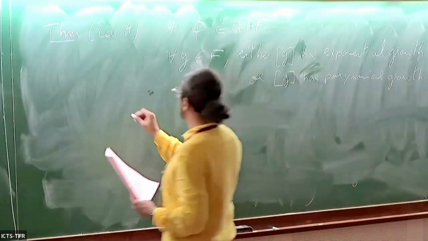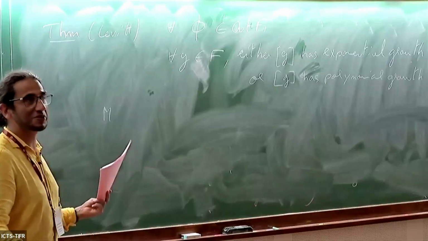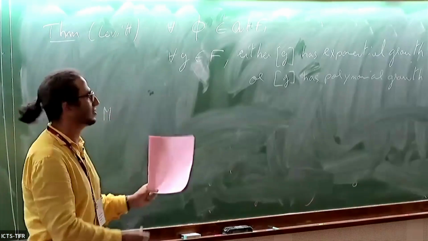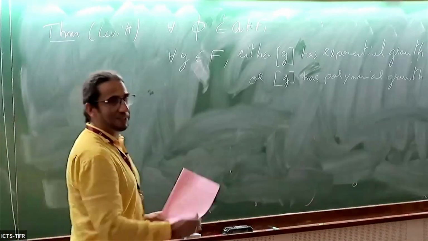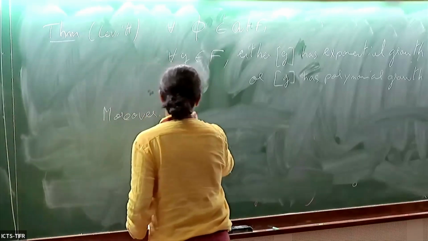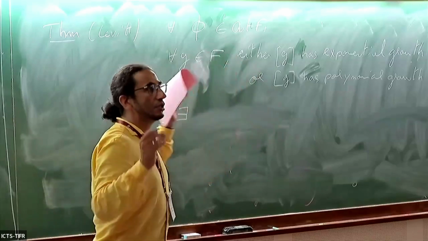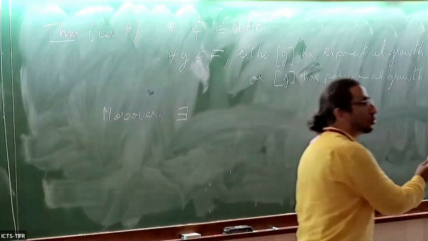And there is more, moreover, can I state one statement? Actually the polynomial growth elements occur in specific subgroups.